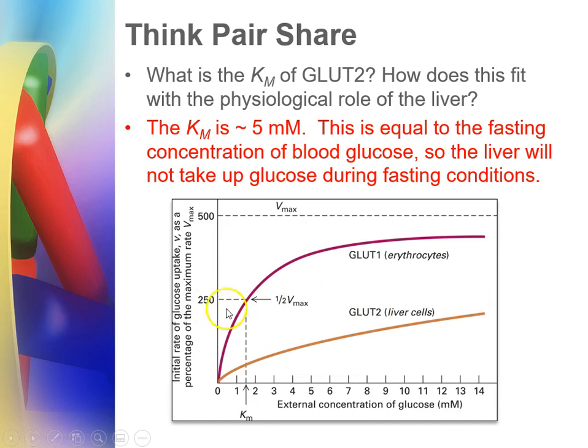But for GLUT2, it's more like 5 millimolar. So again, with the Km of the GLUT2 being about 5 millimolar, that's about equal to the fasting concentration. And because the Km for GLUT1 is a lot lower than that, that preferentially allows the red blood cells to take up glucose during fasting conditions and not the liver.